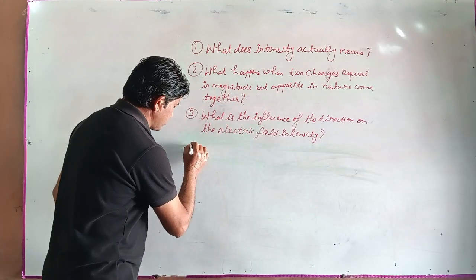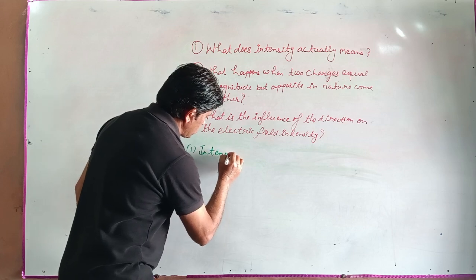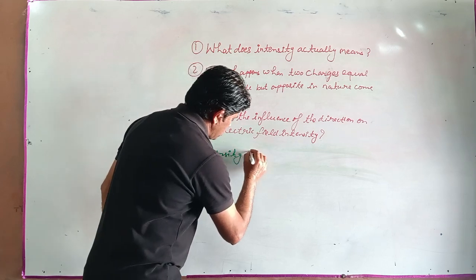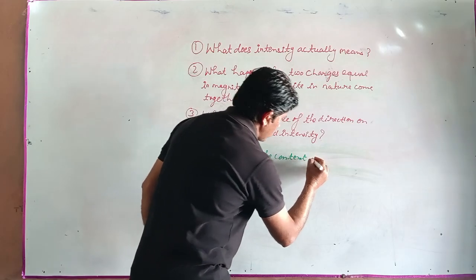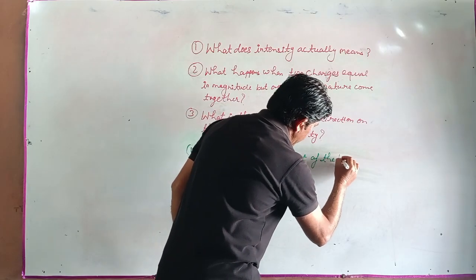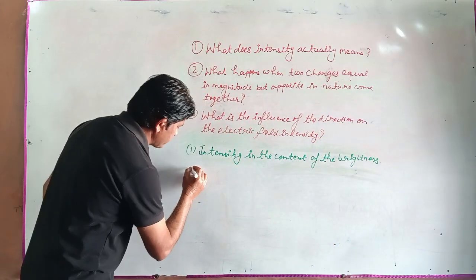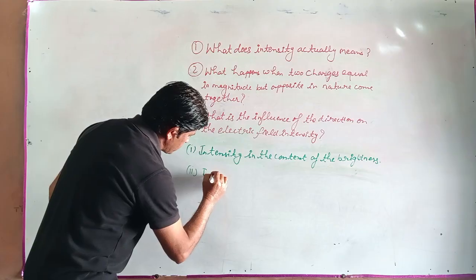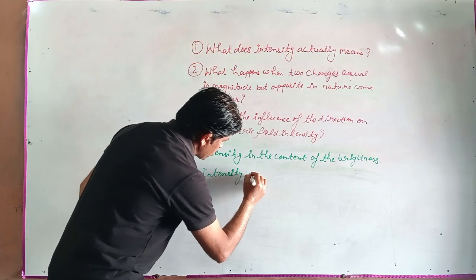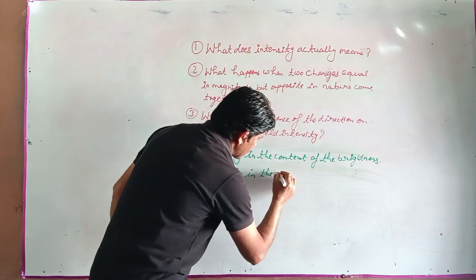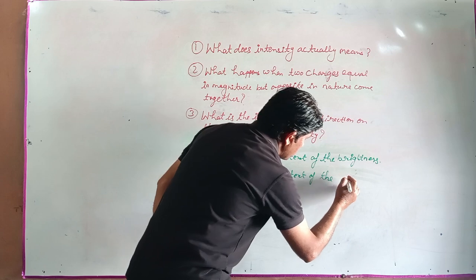Number one, intensity in the context of brightness. And number two, intensity in the context of pressure.